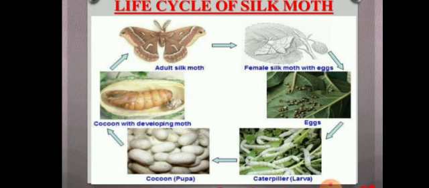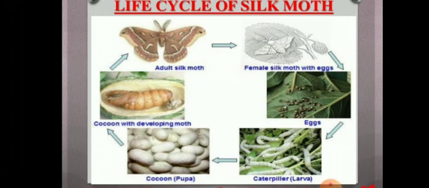After this, the next stage is pupa, also called the cocoon. The caterpillar spins a cocoon of fine silk around it in layers, and this is done for 6 to 7 days.